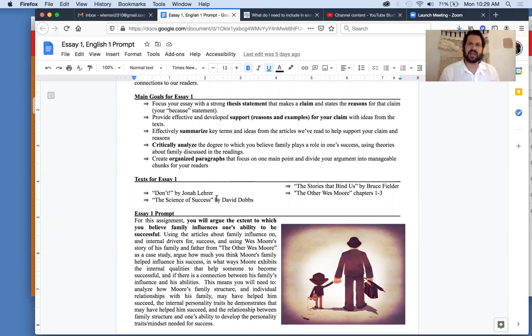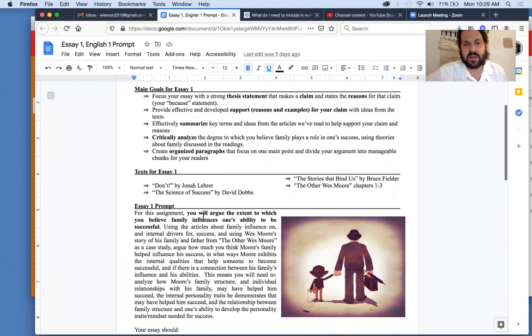So why don't we talk about that now so that you can see what we're doing in this paper. What you're doing in this paper is arguing the extent to which you think family influences one's ability, looking at this from a general perspective, to be successful. In an even shorter way to think of it: how important is family in determining your ability to be successful?